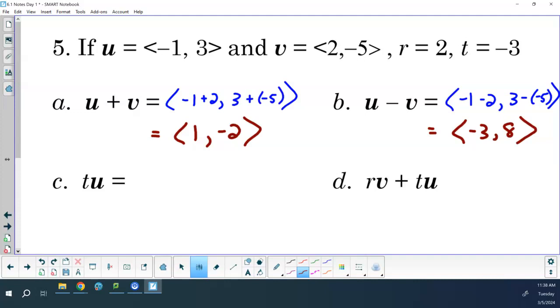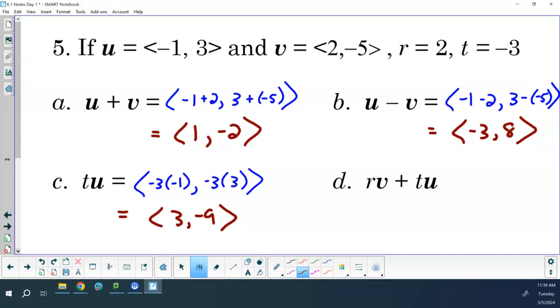T times U is going to be -3 times u. So that's going to be -3 times -1 and -3 times 3. So that's going to be 3 comma -9.